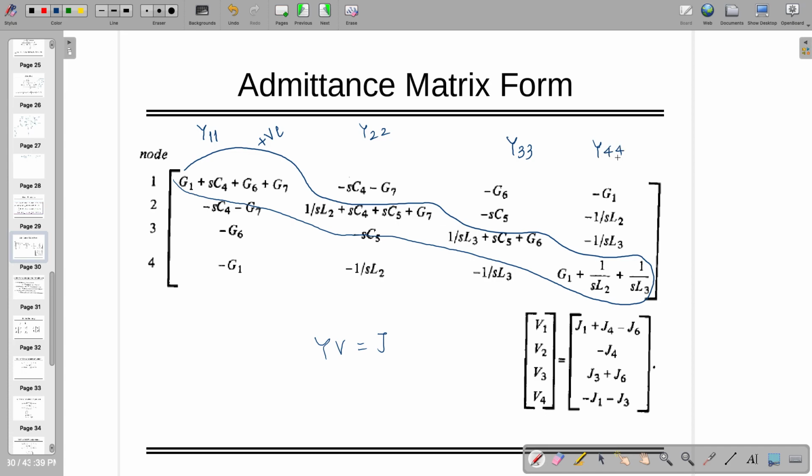Do you agree with me? When we are doing this, it means how much admittance is available on the path when only one node is available, which is 1, and I am measuring everything with respect to 1 only, means other nodes are 0.